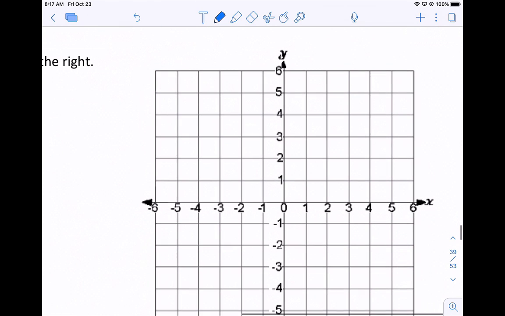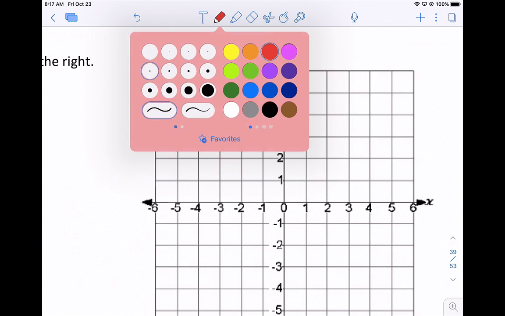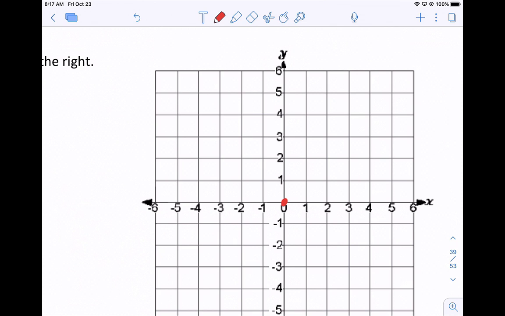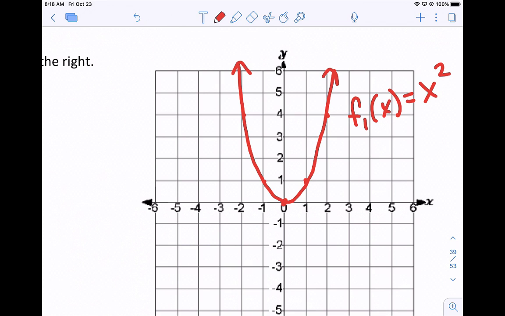Okay, so my first graph was red. So if I graph this function, it looks something like this. And that was our f1 of x, which is our x squared, our parent function.